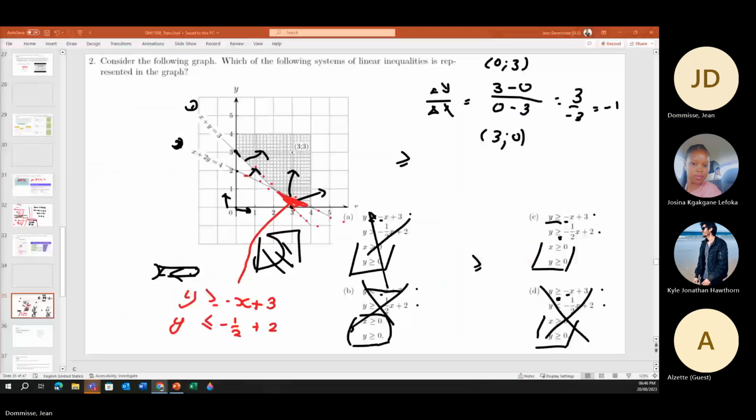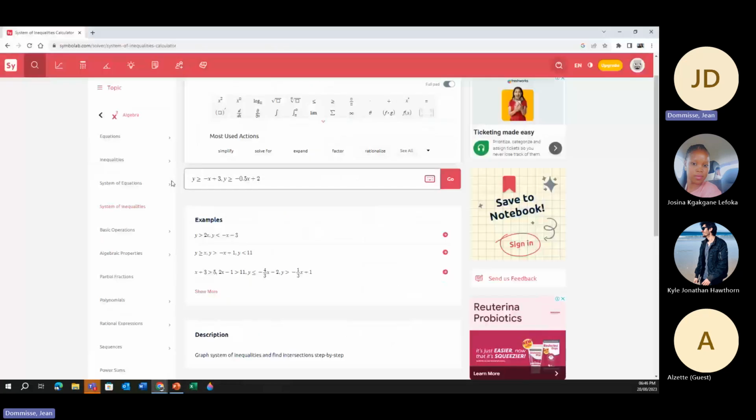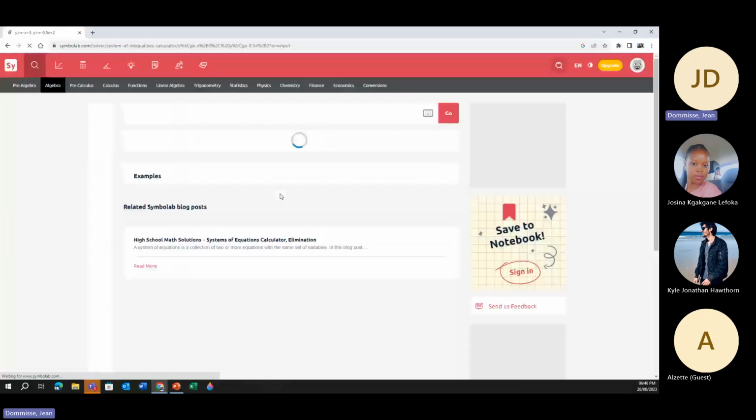So I'm just going to say y is bigger or equal to minus x plus 3. And then the second function was y is bigger or equal to minus 0.5x plus 2. So there I've written it in. I hope my functions and everything is correct.